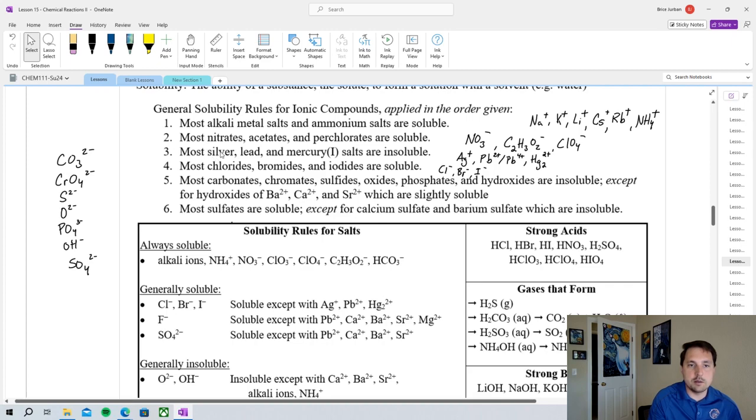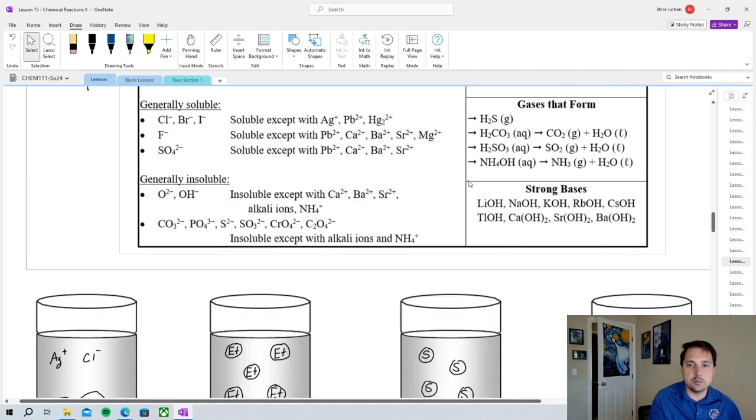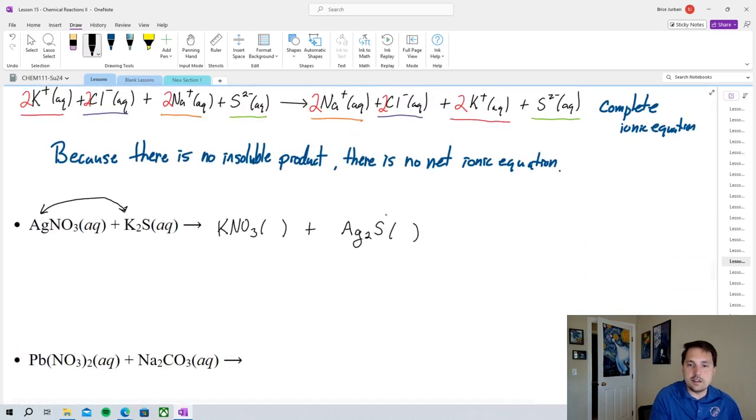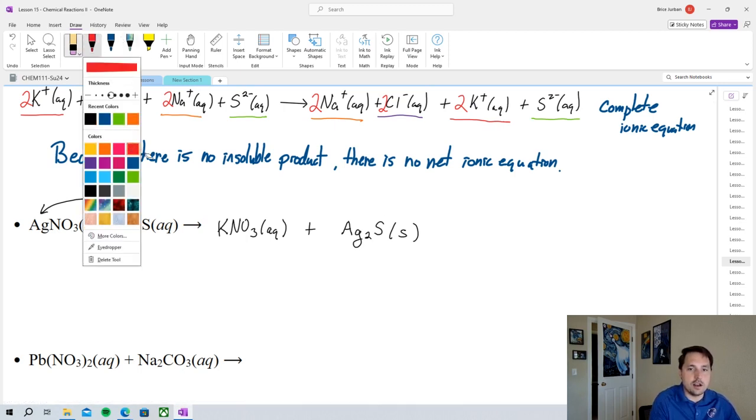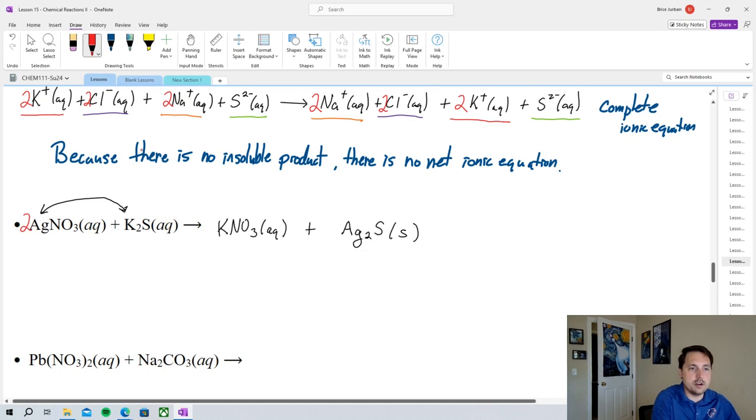So we look at rule 3 and say most silver salts are insoluble. So here we can see that this is insoluble, so we're going to write S for solid. And then this will stay soluble, so we'll write AQ for aqueous. That can be a little tricky because we might be thinking S means soluble, but S means solid here. And then lastly, we want to balance this reaction. And we'll put a 2 here and a 2 here.